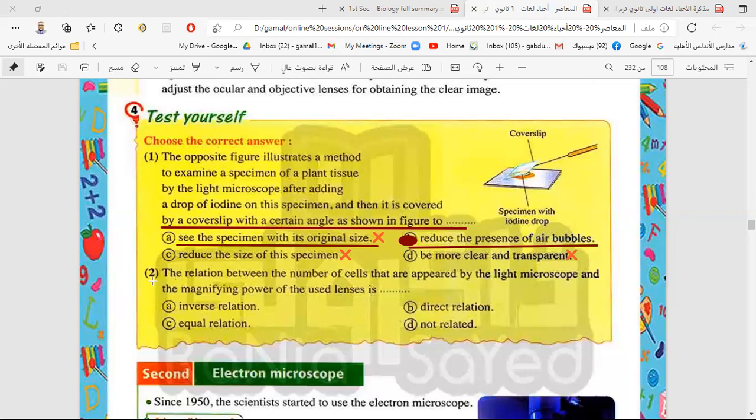The relation between the number of cells that are appeared by the light microscope and the magnifying power of the used lens is... Be careful, we read the words and understand them well. The relation between the number of cells: I can use a big number of cells or a small number of cells. In my specimen there could be 1 cell only, or 100 cells.